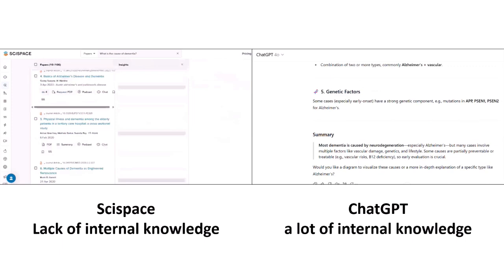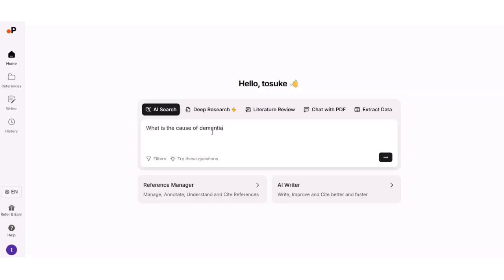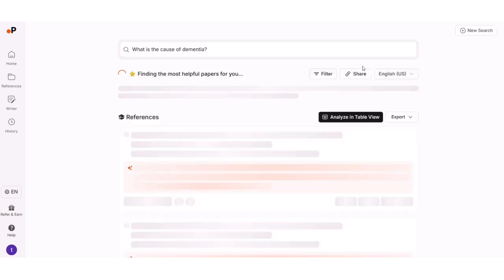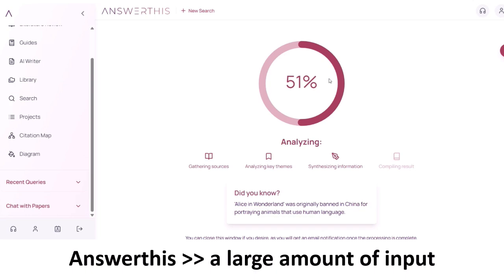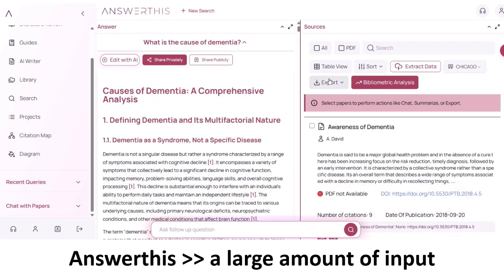Compared with that, ChatGPT often uses a lot of internal knowledge. And the prompt in these tools is also important to decide what to generate. It really depends on each tool, and the adjustment of input information volume significantly affects the accuracy.